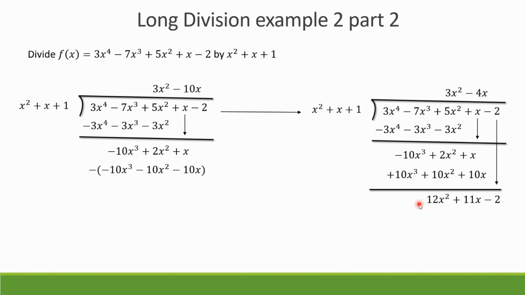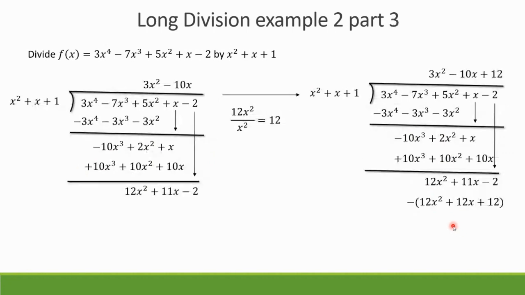Now, we're not quite done yet, because the degree of the difference equals the degree of the divisor. We don't want that. It has to be less, or the difference has to be 0. So we repeat the process. Now we have 12x squared, so this is our new dividend, so to say.